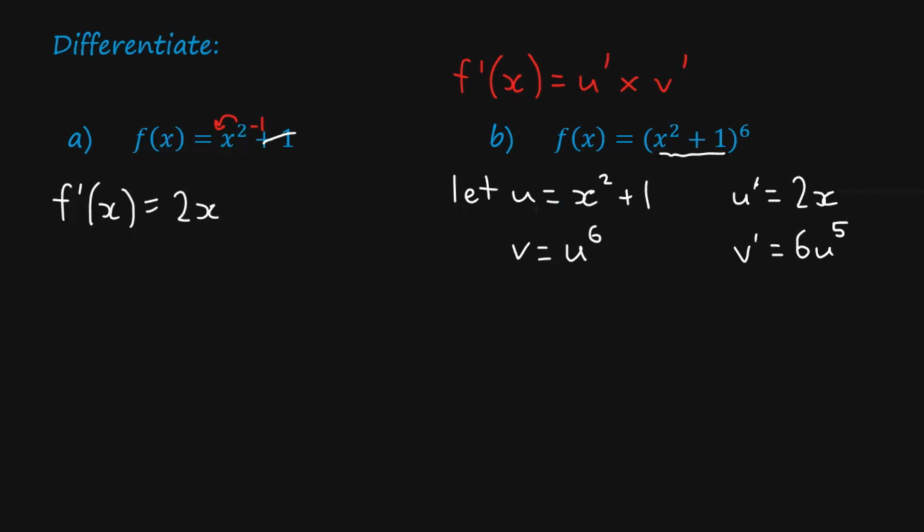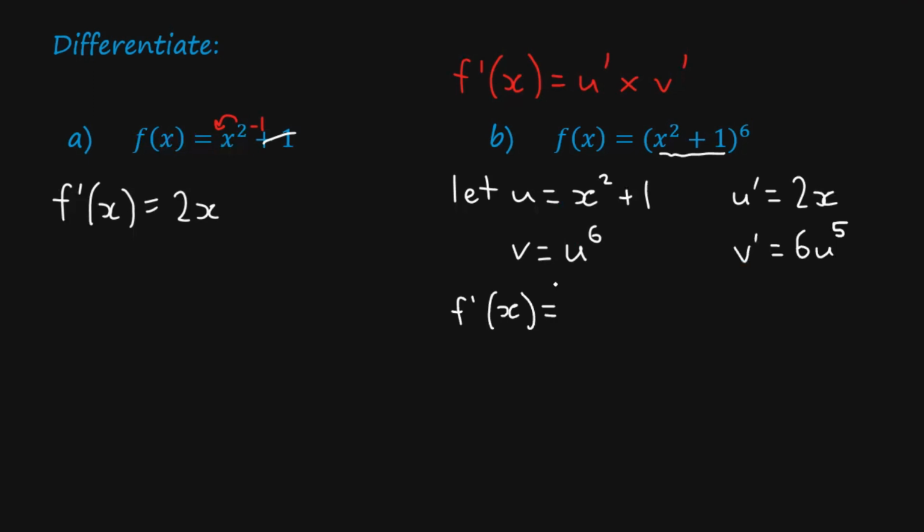Now I've got the derivative of u and the derivative of v, the two things I need for the chain rule. So now I can put this together. The derivative is going to equal the derivative of u times the derivative of v, so it's just going to be 2x times 6u to the power of 5.